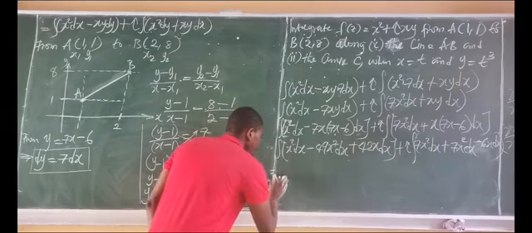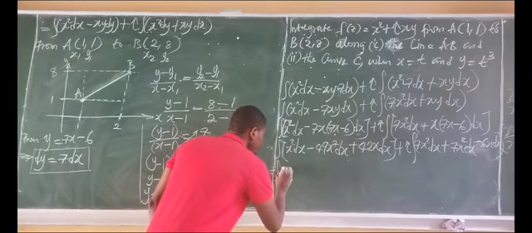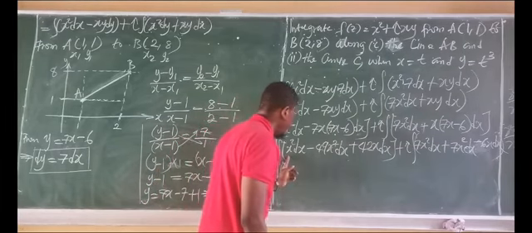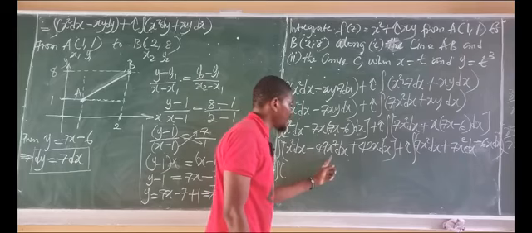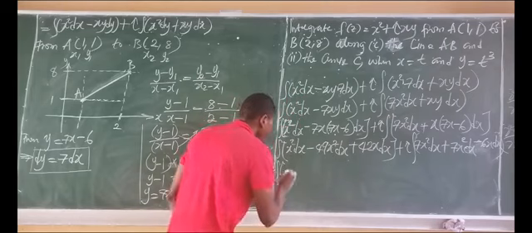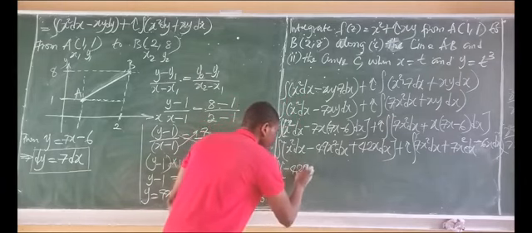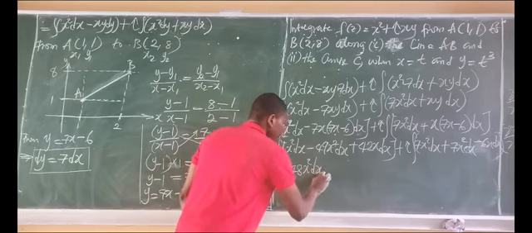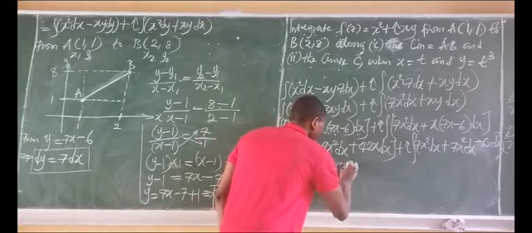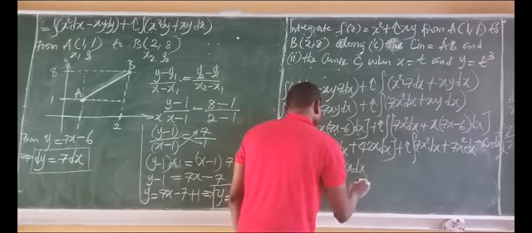Alright, so this is now integral, let's add up now, x squared dx minus 49x squared dx. Okay, x squared minus 49x squared gives us minus 48x squared dx plus 42x dx.